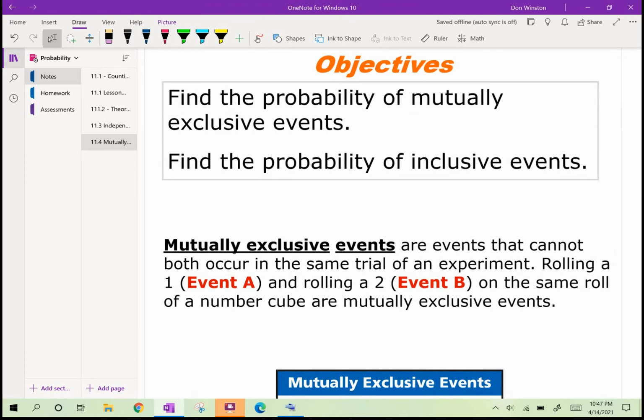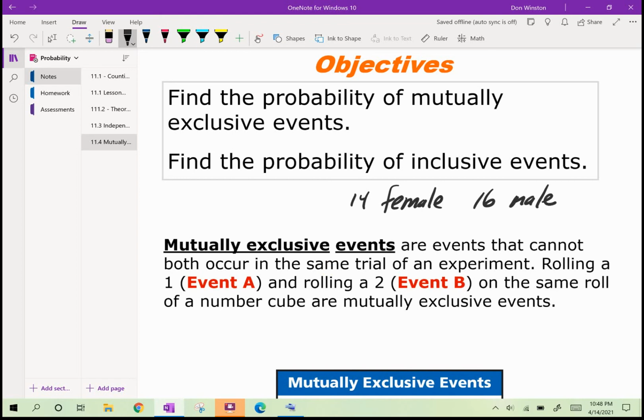Mutually exclusive events are events that cannot both occur in the same trial of an experiment. So for example, let's say I have 30 students in a classroom, 14 females and 16 males, and I randomly select a student.